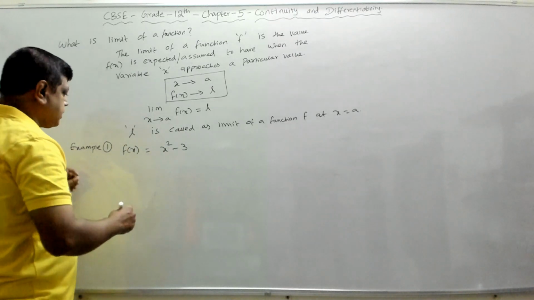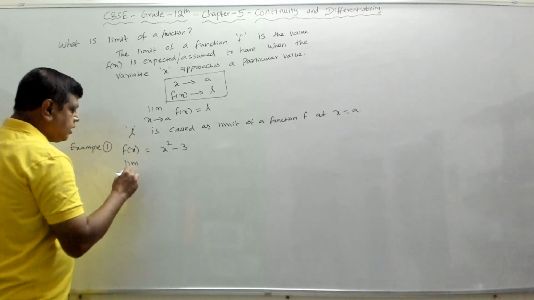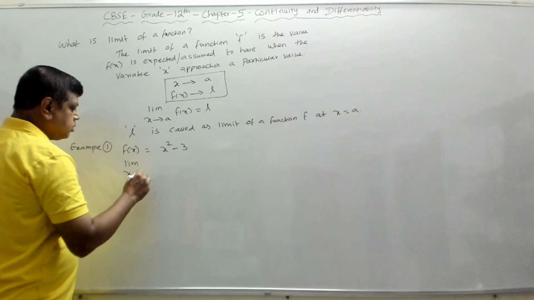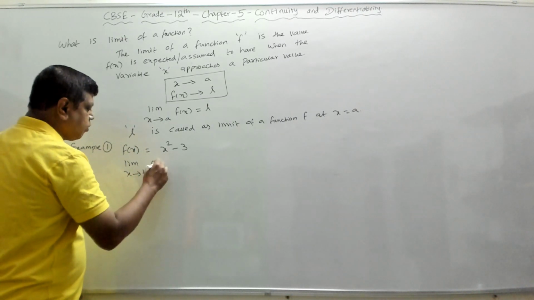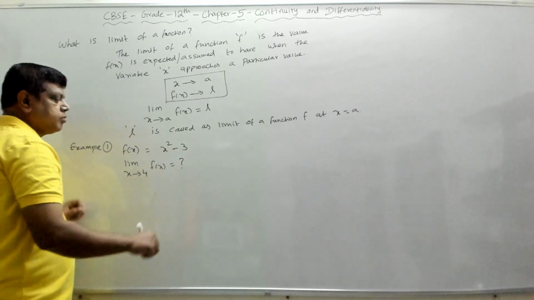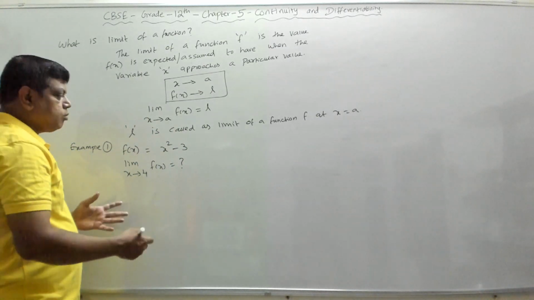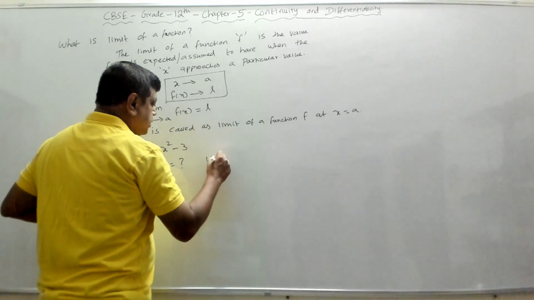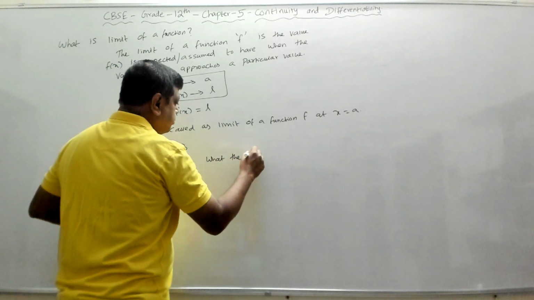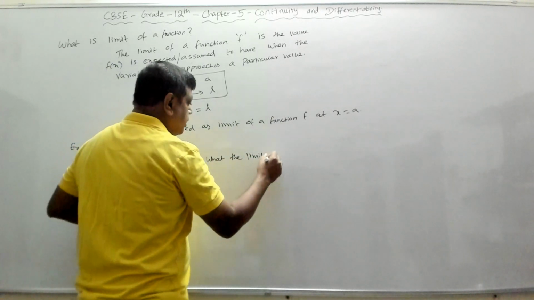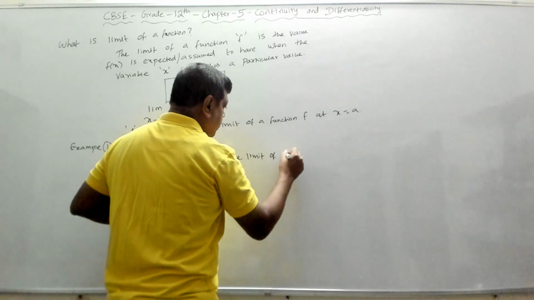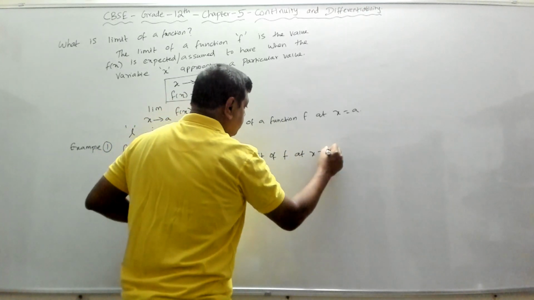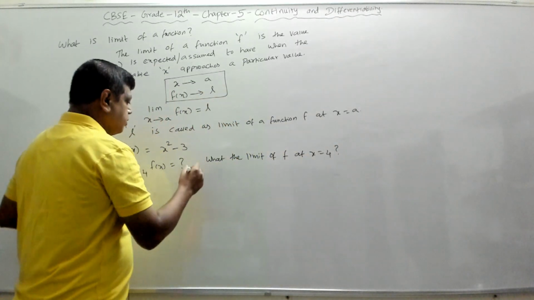The question is: what is the limit as x tends to 4 of f of x? Or in other words, what is the limit of f at x equal to 4?